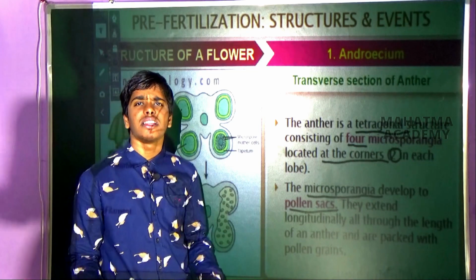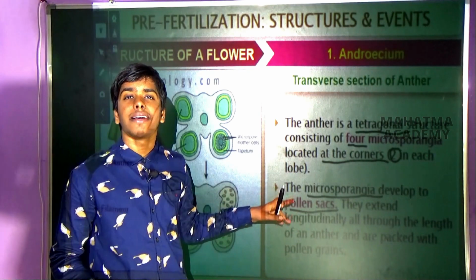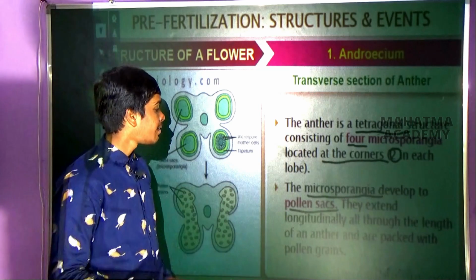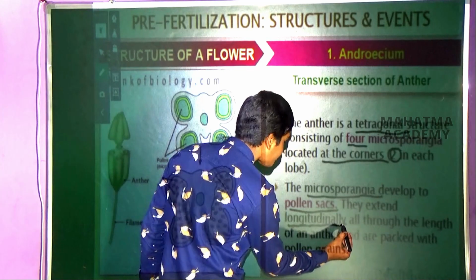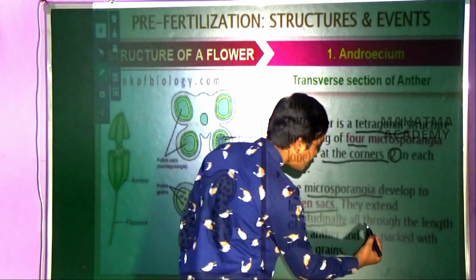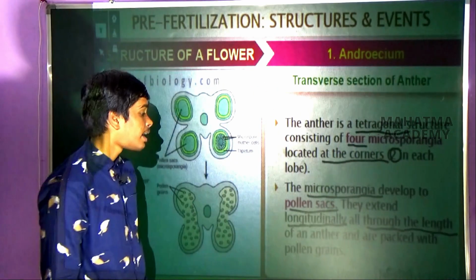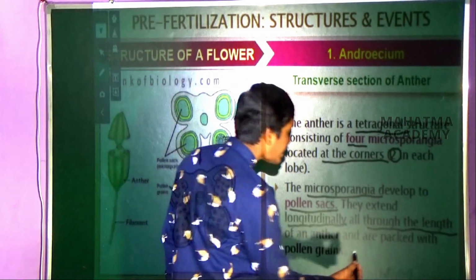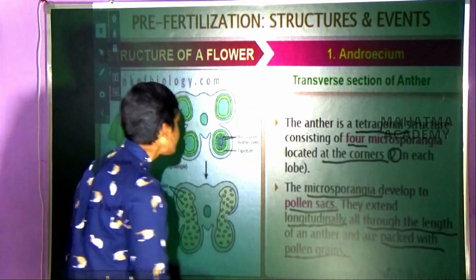In the pollen sacs, pollen grains are formed. Okay, they are packed with pollen grains.